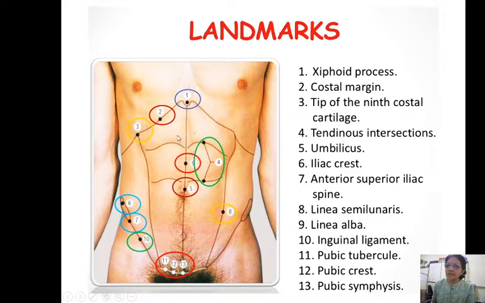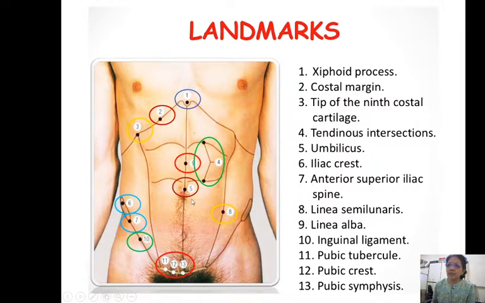Tendinous intersections: you feel the muscle, you may even see it in a toned abdominal wall, that there will be a fleshy projection and then a depression, and then another fleshy projection and another depression. So the depression between two projections would be a tendinous intersection between sections of the same muscle, rectus abdominis. This is the right side, this is the left side.